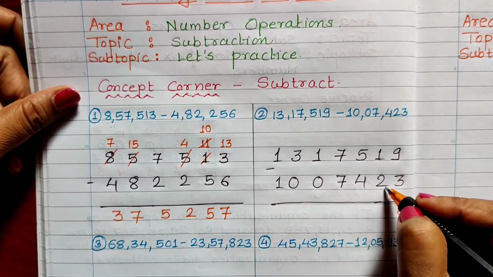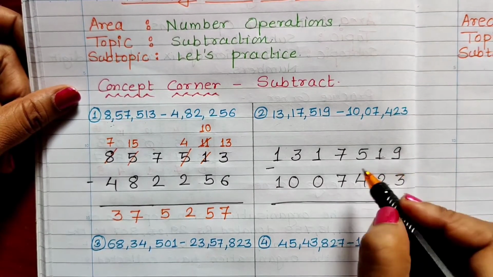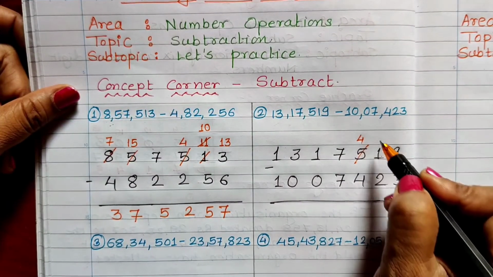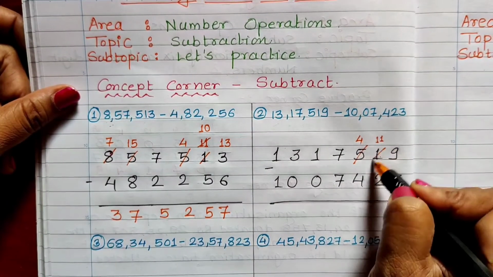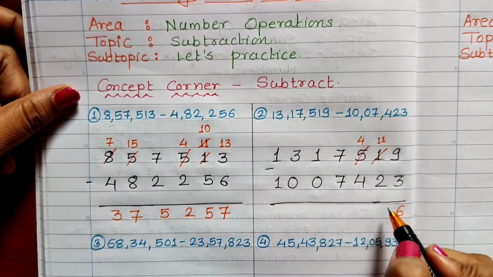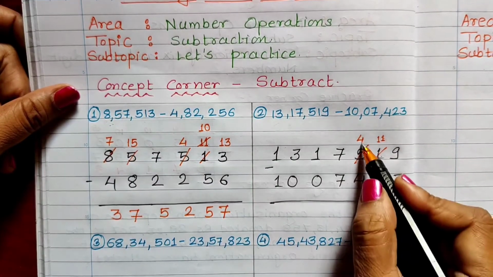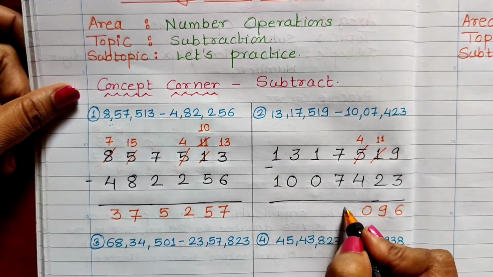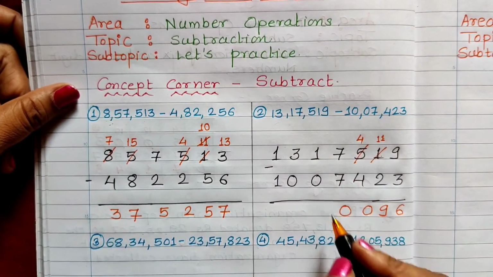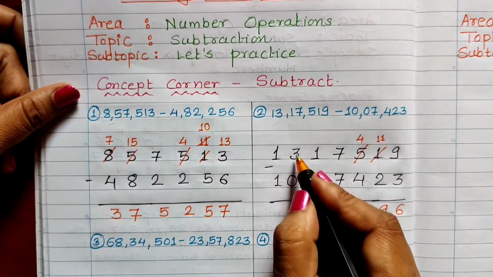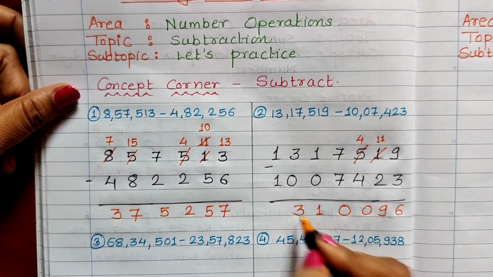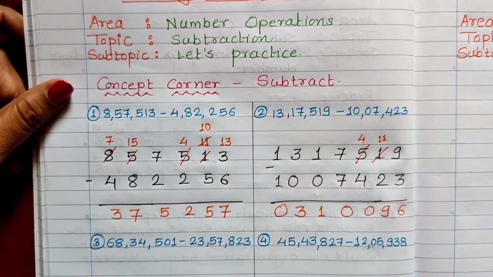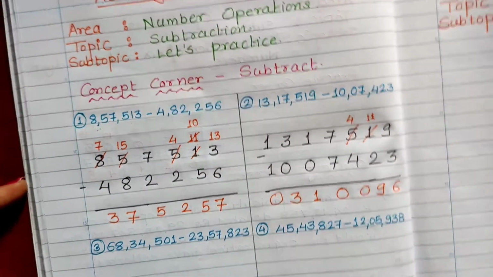Now 1 is smaller than 2, so we cannot subtract. We have to borrow 1 from this 5. 5 becomes 4 and 1 becomes 11. Correct? Now 11 minus 2 we can do, it is 9. 4 minus 4 is 0. Now next, 7 minus 7 is also 0. 1 minus 0 can be done, which is 1. 3 minus 0 can be done, which is 3. 1 minus 1 is 0. So here only we will have to borrow. Now next sums.